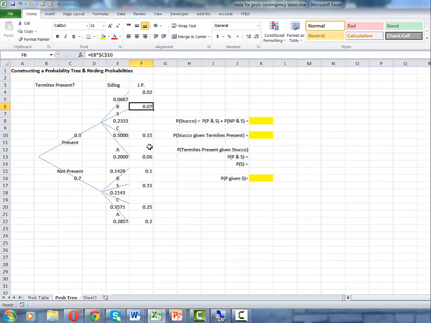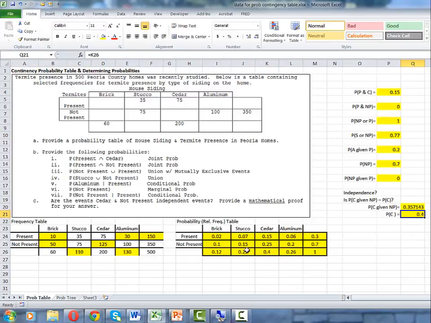So now that you have this, you can answer various questions. I didn't pick as many for this, but probability of stucco, well, that's taking every joint probability that involves stucco. So that's this joint probability here for the S, and then down here for this S. And so that's 0.22, and that should be confirmed here.